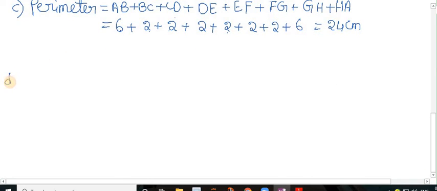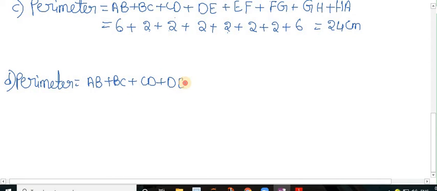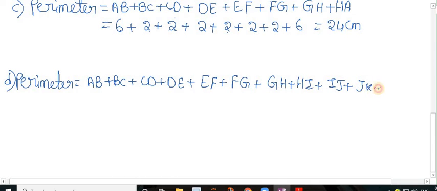And coming to D question, perimeter is equal to AB plus BC plus CD plus DE plus EF plus FG plus GH plus HI plus IJ plus JK plus KL plus LA.